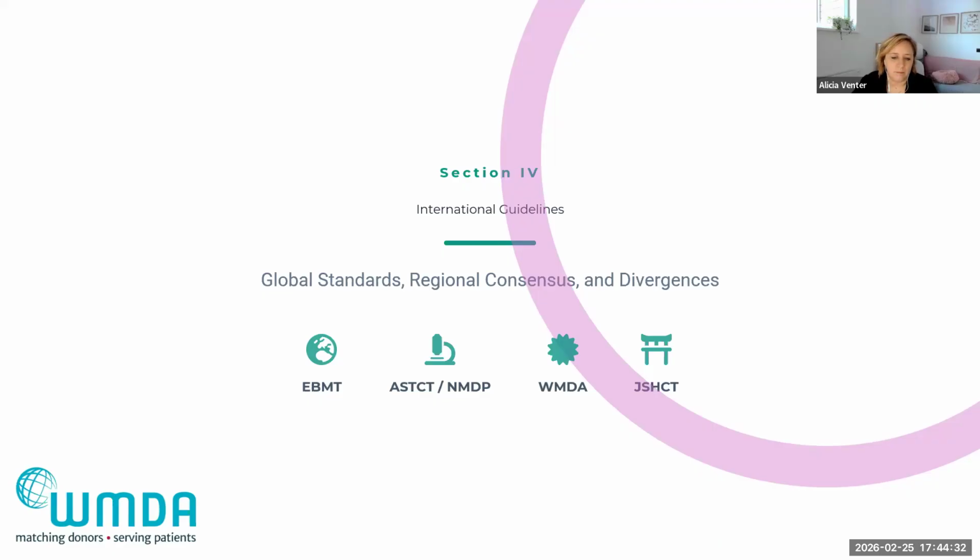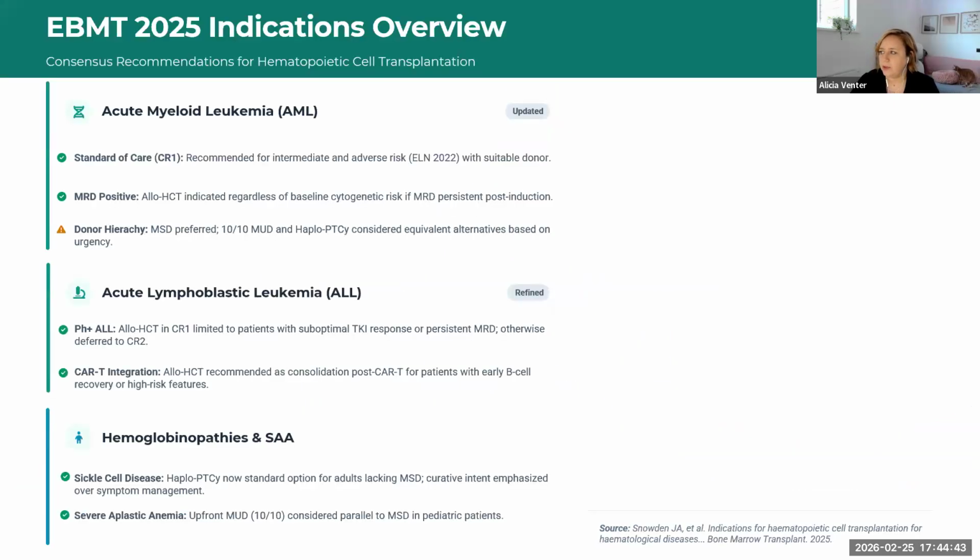And then finally, some Japanese recommendations, because Japan has been really good at coming up with recommendations for Asian patient populations and transplantation. So if we kick it off with EBMT, they sort it out by disease.